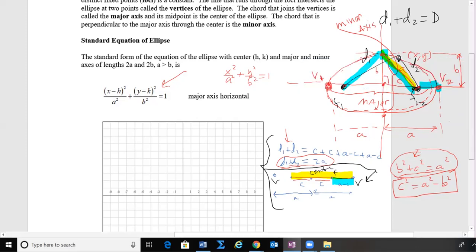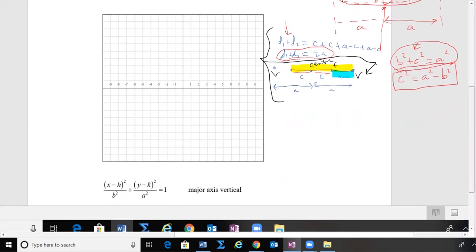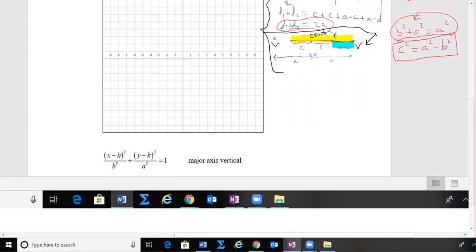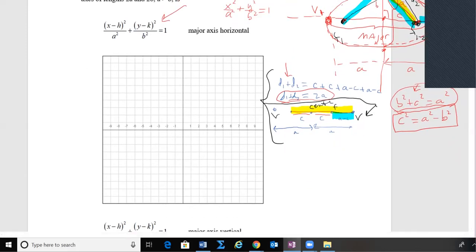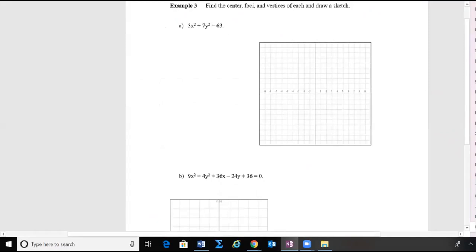Okay, let's see. I think that's enough about this for now. Let's do an example. We're going to do a couple of examples here. We're going to work on this one here.